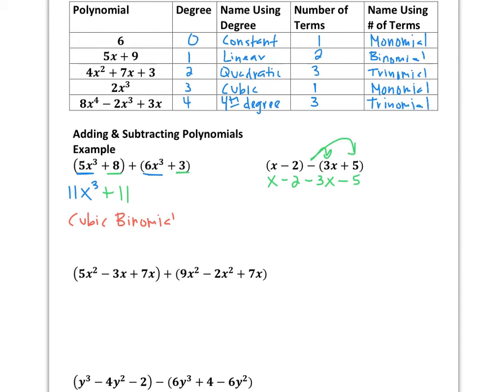Now I'm going to combine my like terms. x and negative 3x, well, that's a 1x. 1 minus 3 is negative 2x. And negative 2 minus 5, that is a negative 7. Two terms again, and my highest degree is 1. So this is a linear binomial.